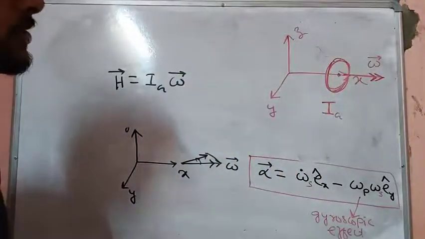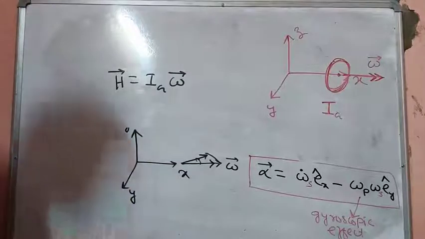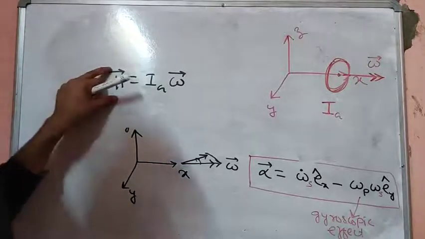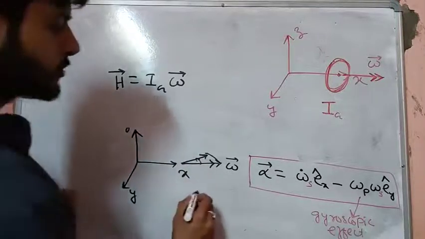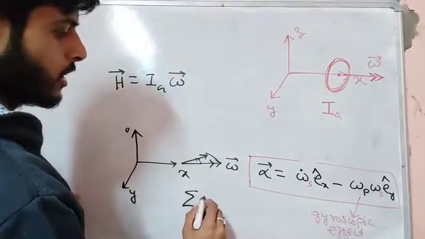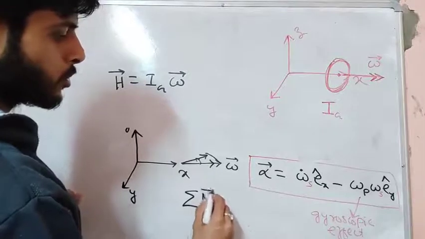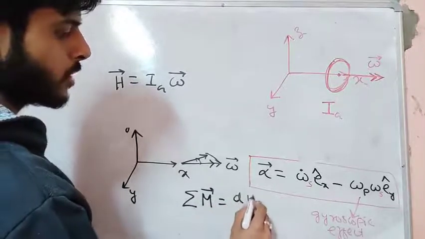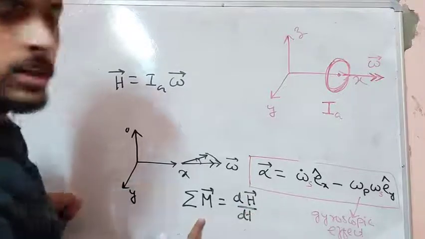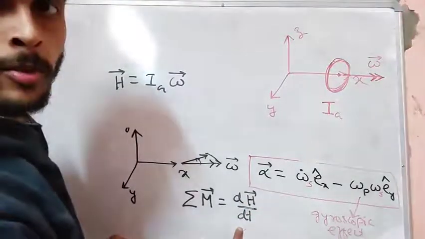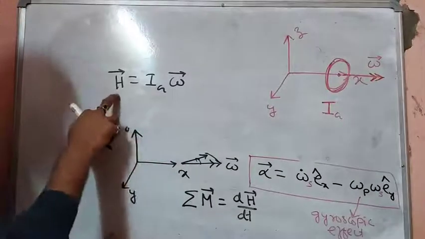Now, the rate of change of angular momentum is equal to the external torque, Euler's second law: the sum of all external moments is equal to the rate of change of angular momentum. Now we have to differentiate this.